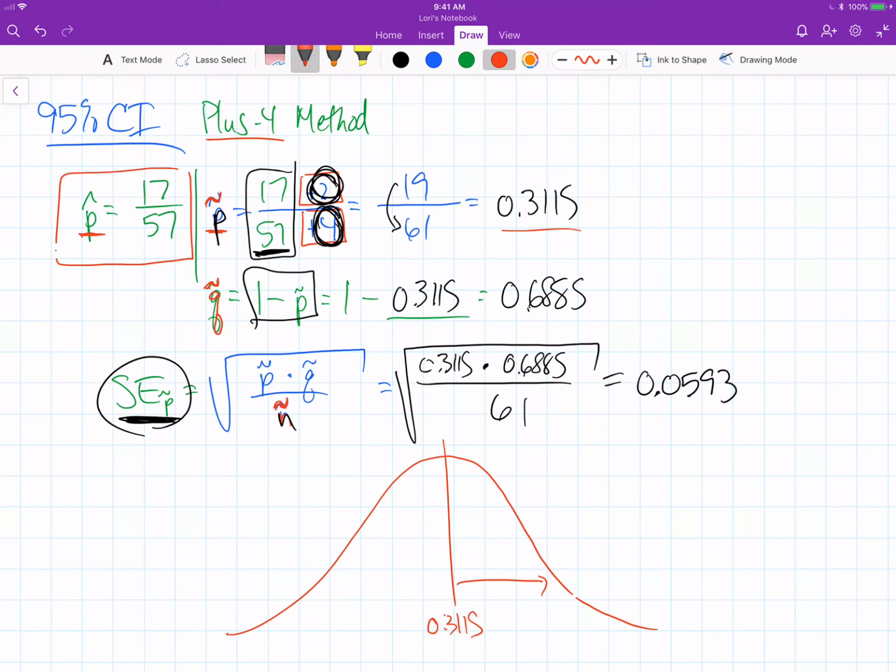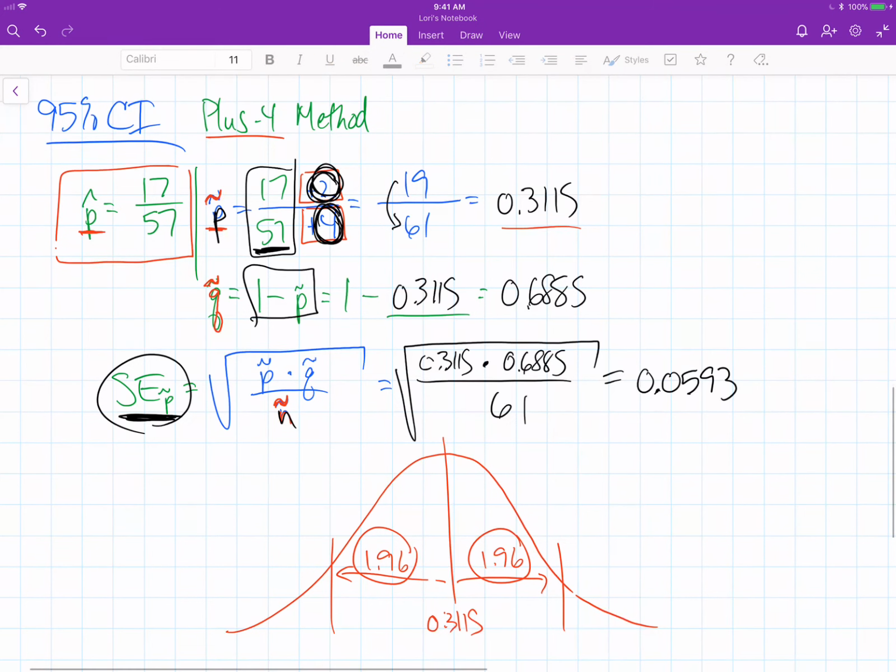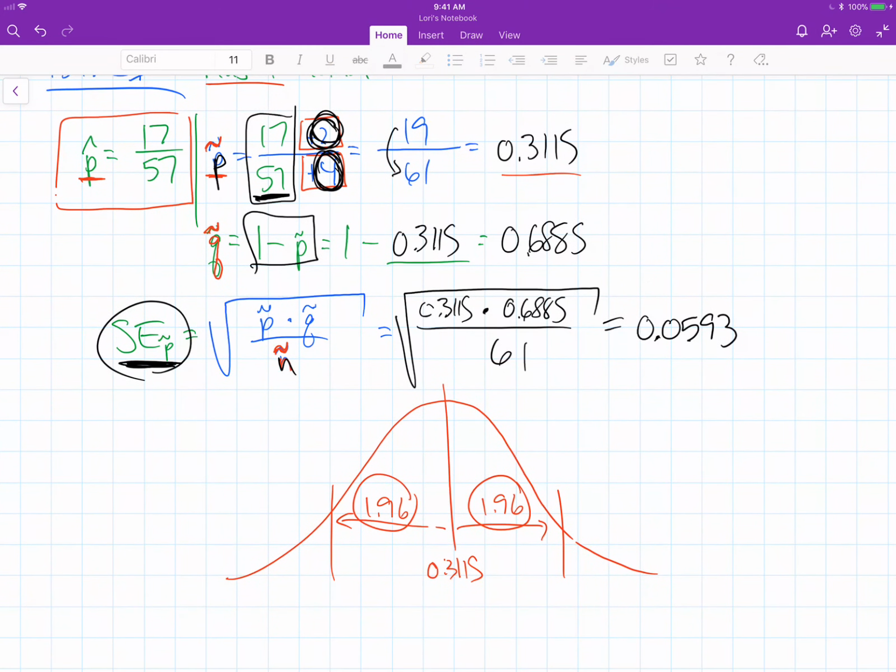We need to go 1.96 z-values to the right and 1.96 z-values to the left. Remember, plus and minus 1.96, which is approximately 2, is the z-value for the top and bottom.